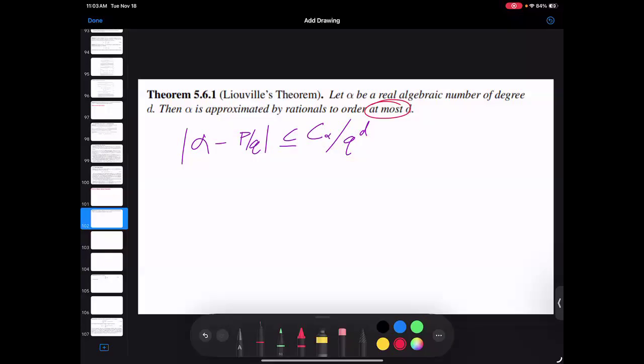And so, Liouville's number. This is a number that you should see. It's the sum, n goes from 1 to infinity, of 10 to the negative n factorial.